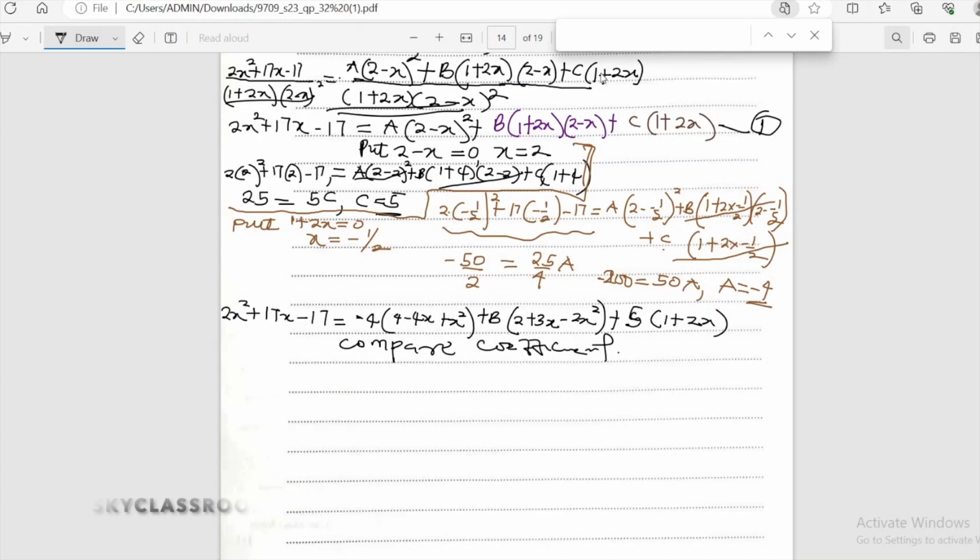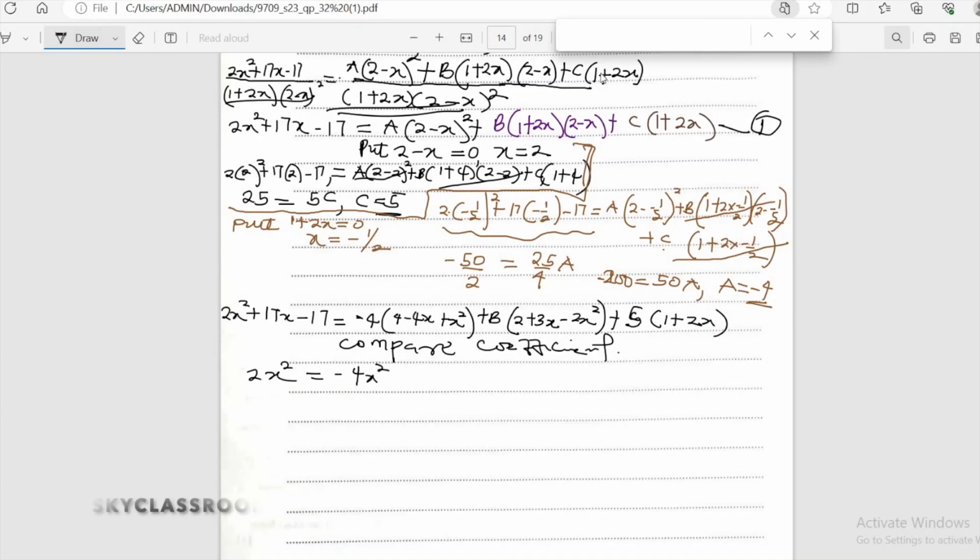You compare coefficient. Let me take x squared for example. I equate it to anyone with x squared on the left hand side. With x squared on the left hand side, we have x squared here, and there is minus 4 outside. So I'm going to have minus 4x squared.